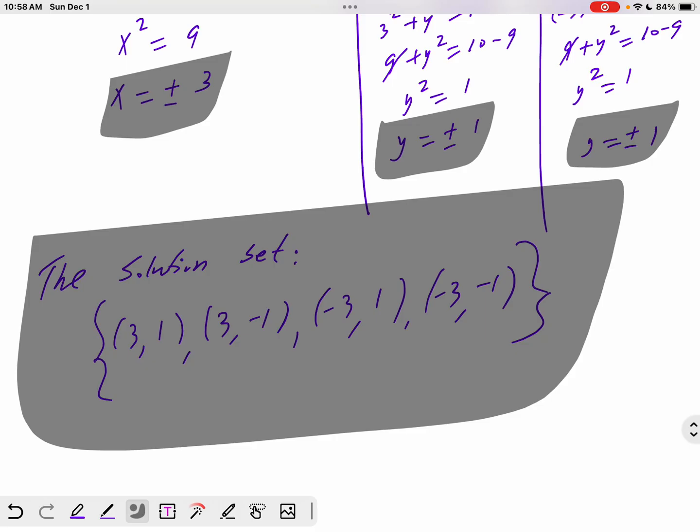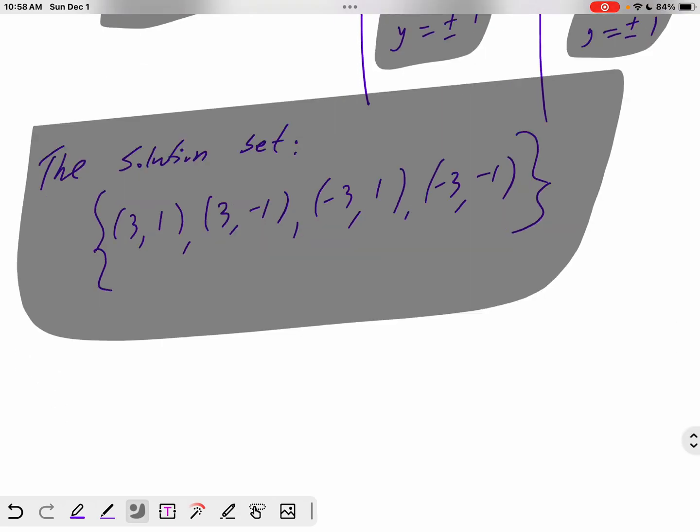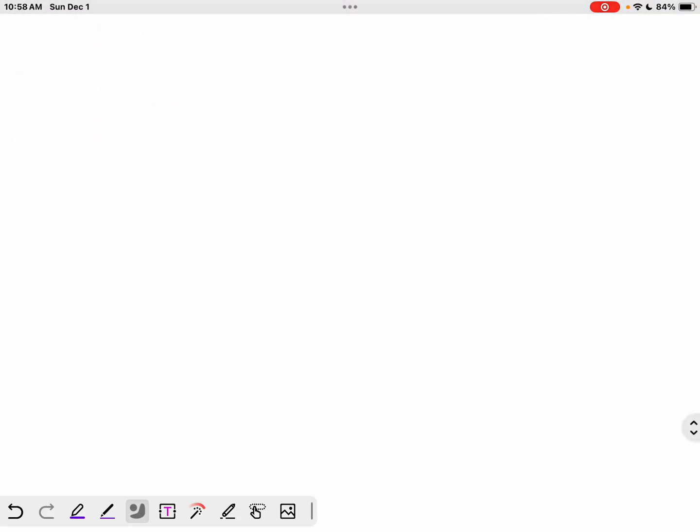Let's use the next problem, where you use the combination of both methods. This is solving using a combination of methods.